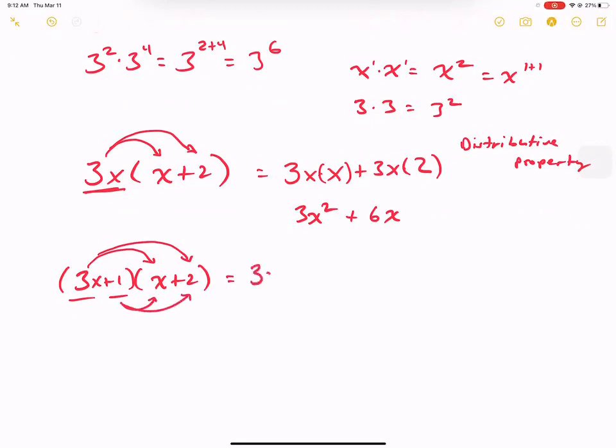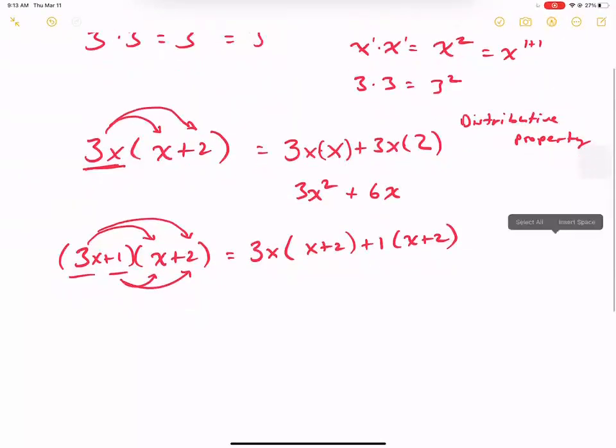And we can write this out. This is what's going on in my brain. I'm saying, hey, 3x times x plus 2 first. And then 1 times x plus 2. Hopefully that wasn't too difficult. So 3x times x is 3x squared plus 6x. Very similar to what we just did here, right?